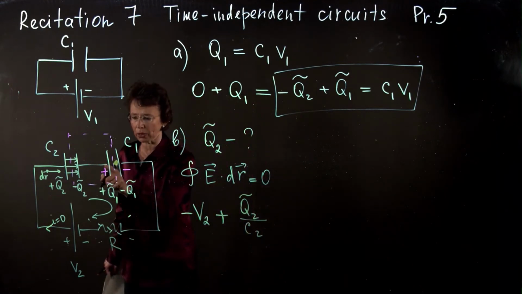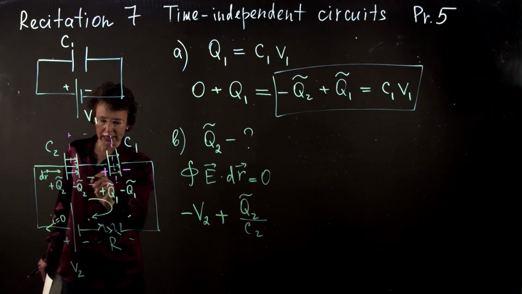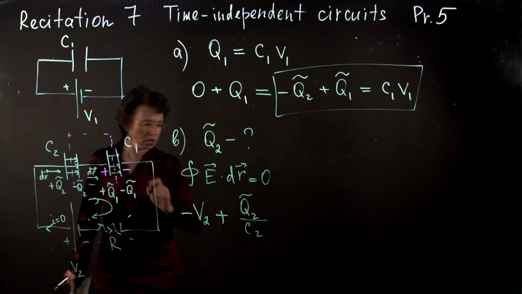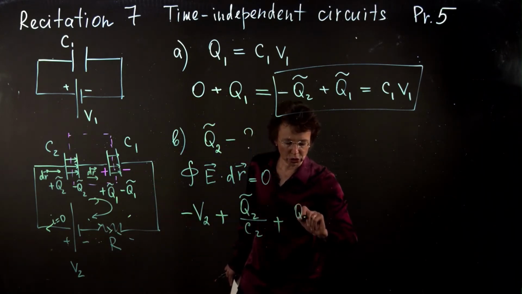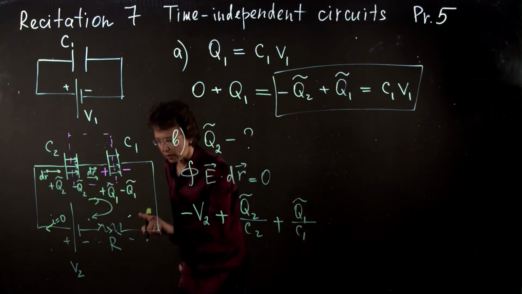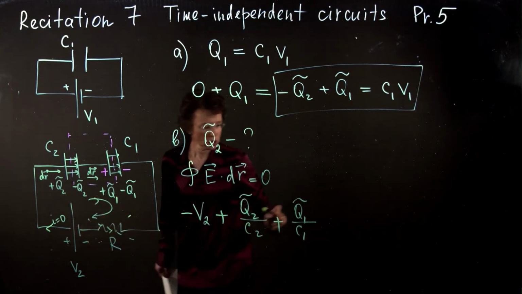And then we keep going from plus to minus. The electric field is to the right. dr, we go in this direction. dr is to the right. E dot dr is positive, I put plus. Then I have Q1 tilde over C1. And since the voltage change across the resistor is 0, the current is 0, we close the loop.